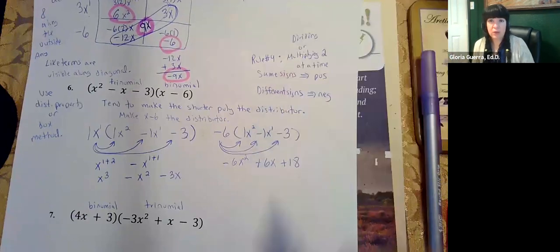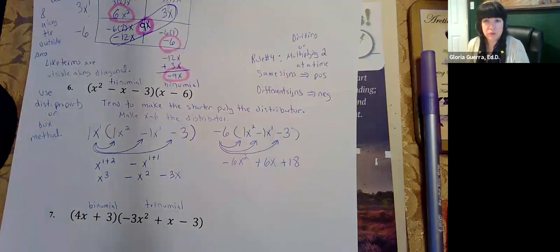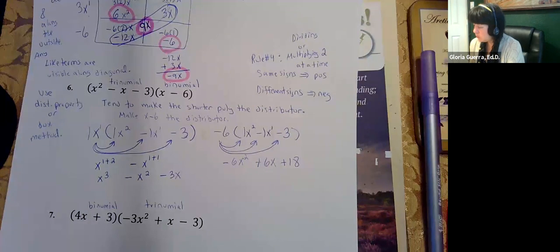We're not dividing here, but if you were dividing also, same signs produce positive, different signs produce negative. We're just multiplying, but I'm reminding you that that's rule 4. Same signs produce positive, different signs produce negative, okay?